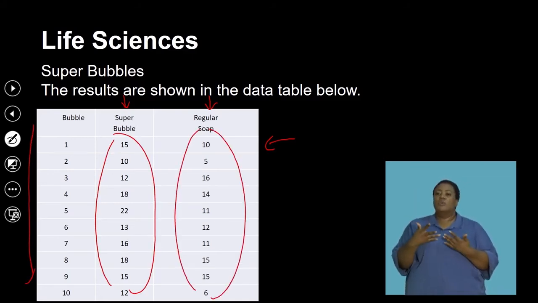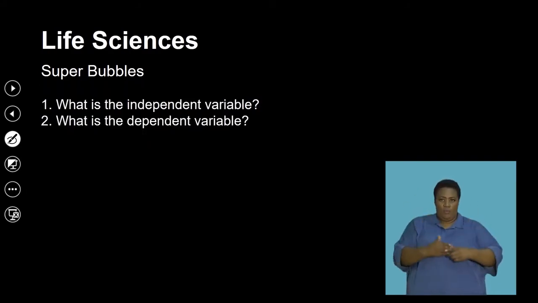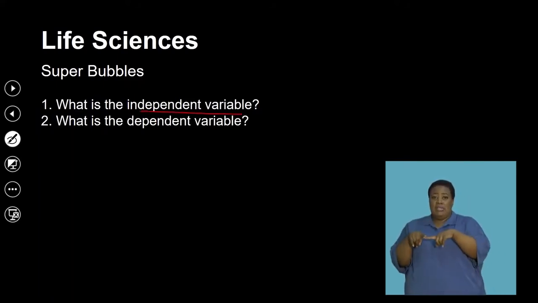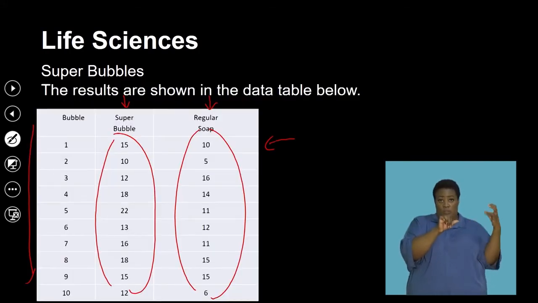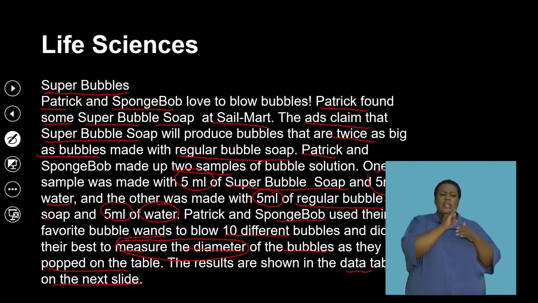So let's try and interpret how this information talks to the aim of what these guys were trying to establish. What is the independent variable in this investigation, and what is the dependent variable? If we go back to that slide, remember that these guys were looking at the Sale Mart and picked up types of bubbles.